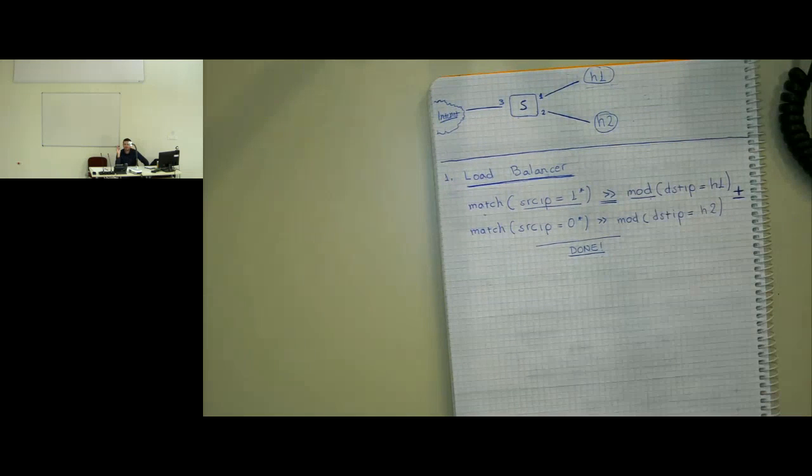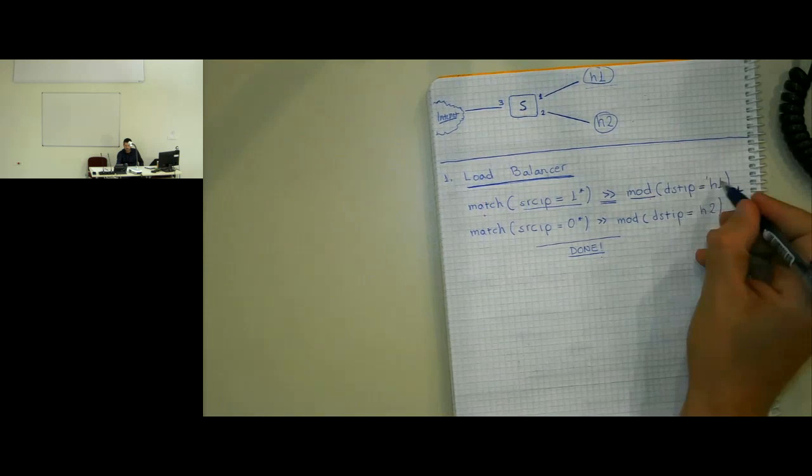Otherwise, if it doesn't match, it gives an empty output. And the function modify modifies a field in the header of a packet to the value that we give here.